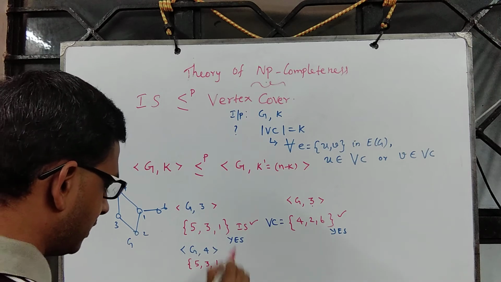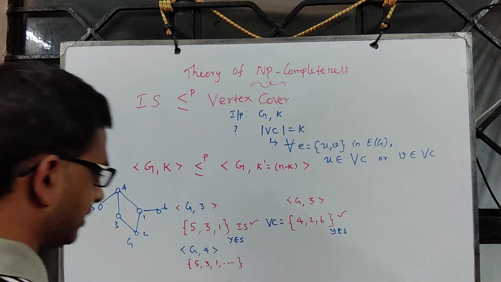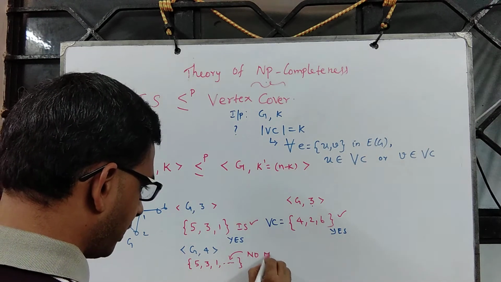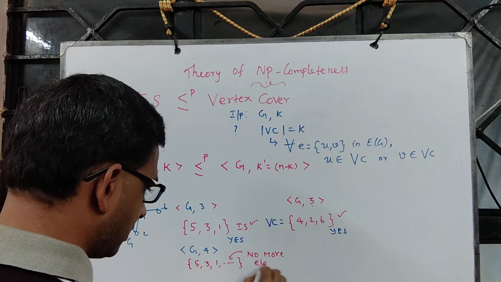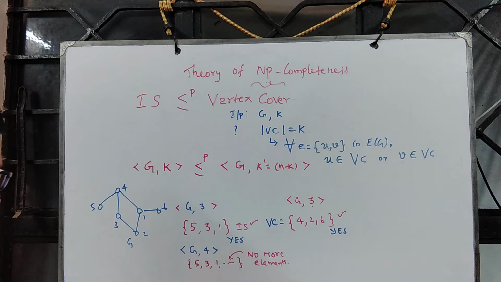This is the maximum; one cannot extend this further. Suppose let's try this set. Let me take 4 and then 2. Then we cannot include these 3. We can only include 6. Again, no more elements.